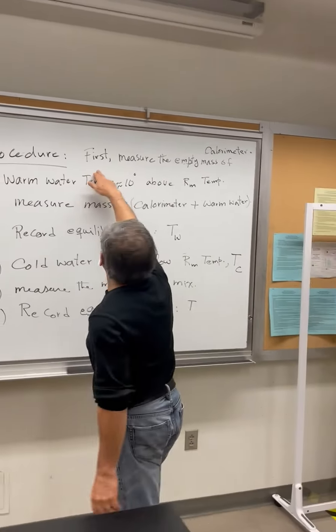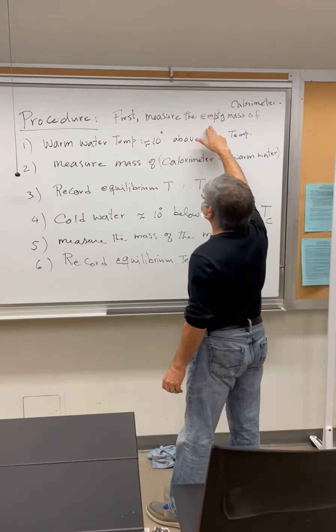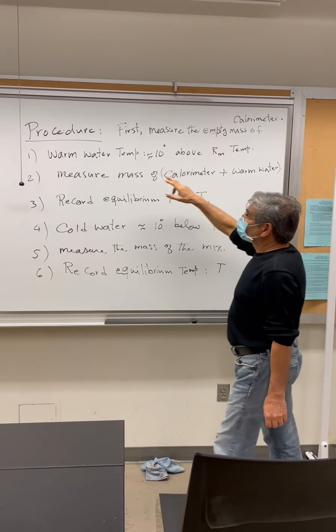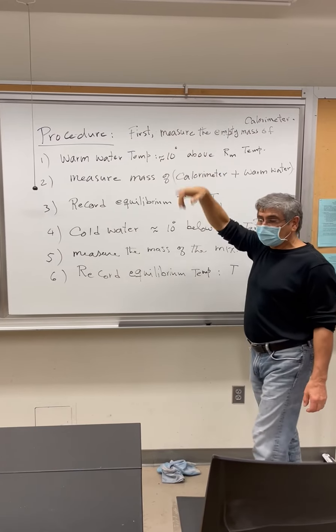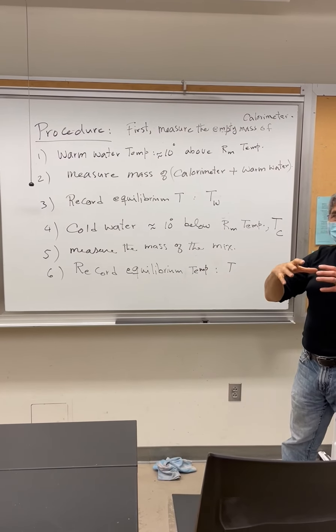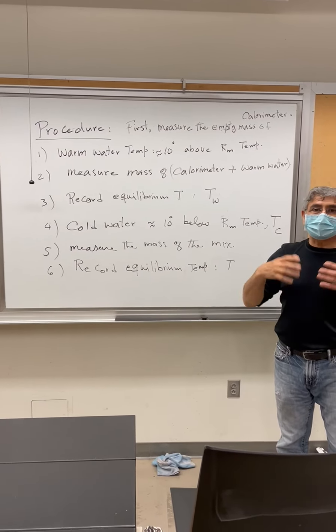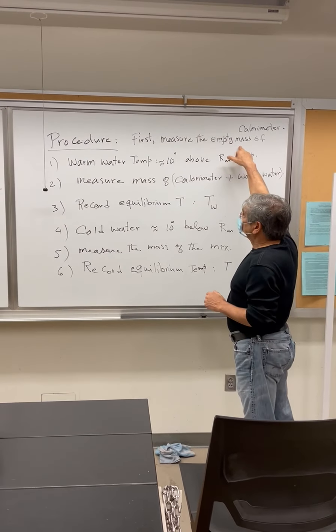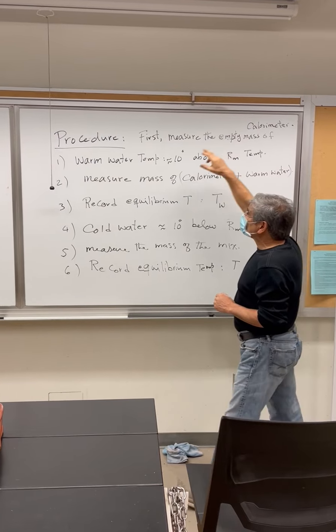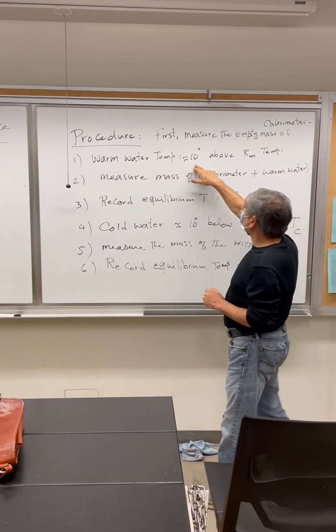Okay, procedure first. We are going to take our calorimeter and weigh it with the balance, so we know the mass of the calorimeter, with the thermometer, with the agitator and lid and everything else on it. We record that. Then we are going to pour warm water.